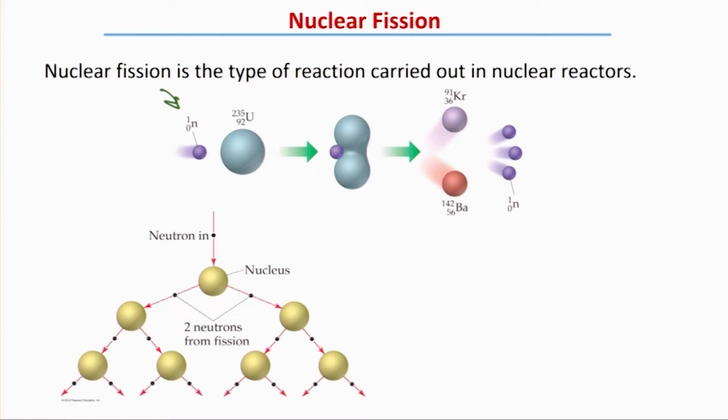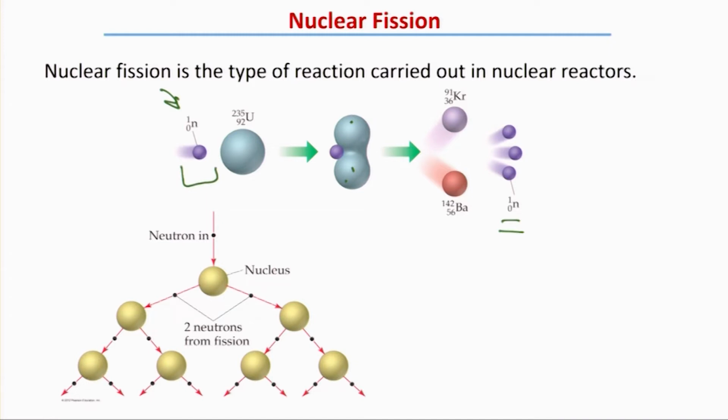What it does then is cause this nucleus to split into two other smaller daughter atoms, a krypton and a barium. In the process, it also releases more neutrons. So it took one neutron in, and now you have made three more.